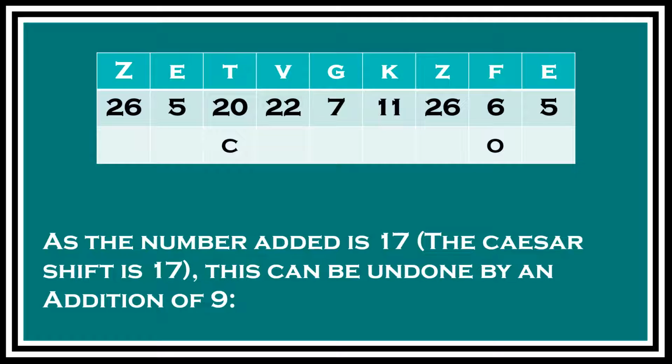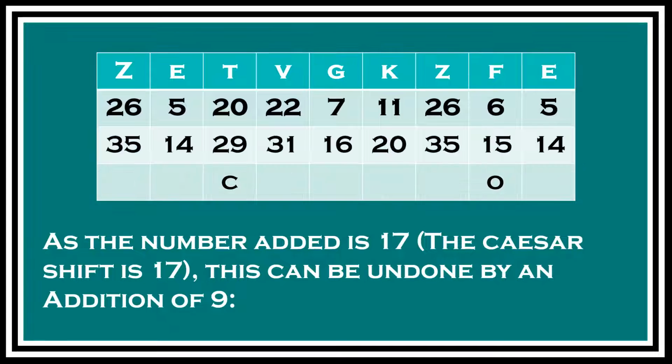So to get the second row of numbers, we are going to add 9 to the first row of numbers. 26 plus 9 is 35, 5 plus 9 is 14, 20 plus 9 is 29, and so on and so on.